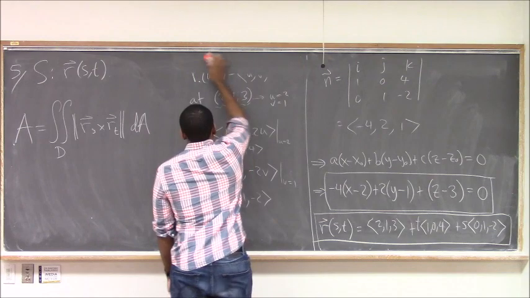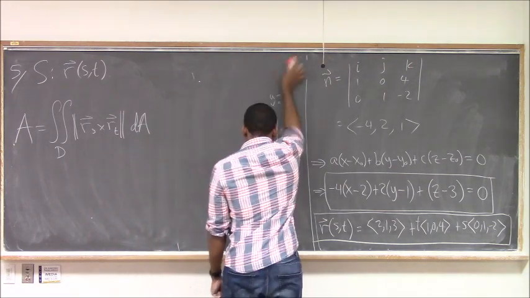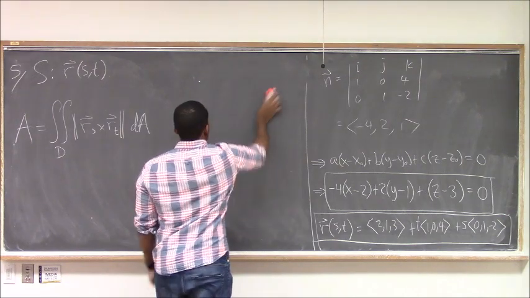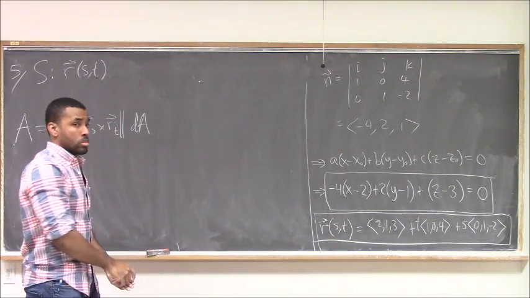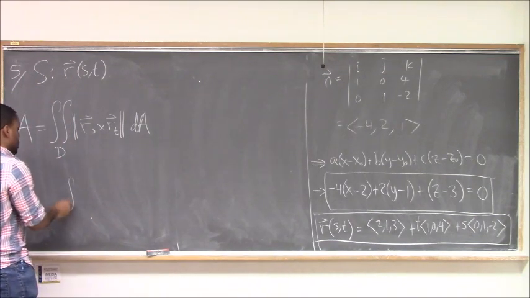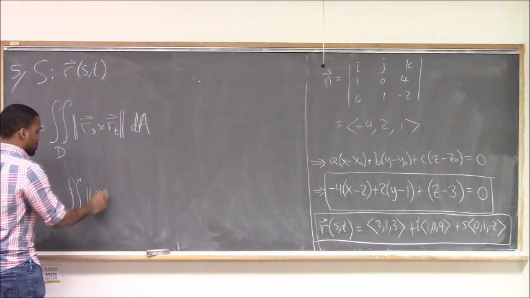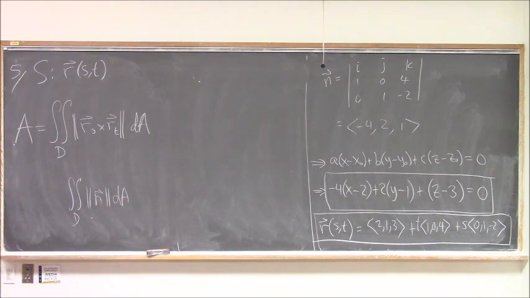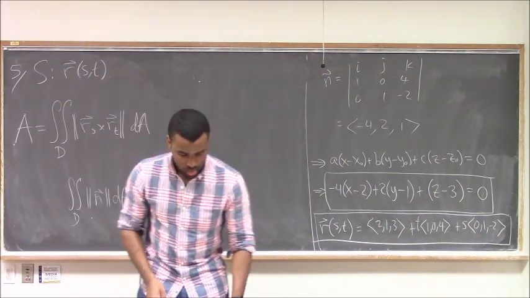Okay, so instead of putting r_s cross r_t, would it be okay to put the magnitude of the normal vector, which is the same thing? Meaning to just write this? Yeah. Would that work? It's the same thing. What did the question say?